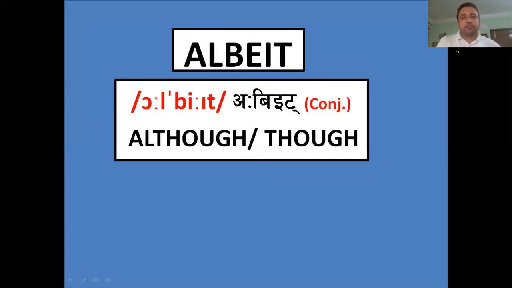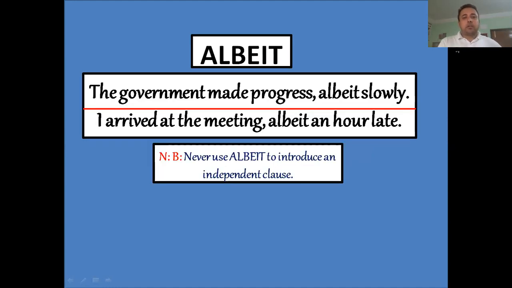Albeit. The L in it is almost silent, which is a conjunction and which means although or though. The government made progress, albeit slowly. I arrived at the meeting, albeit an hour late.